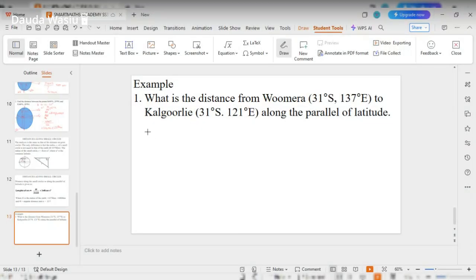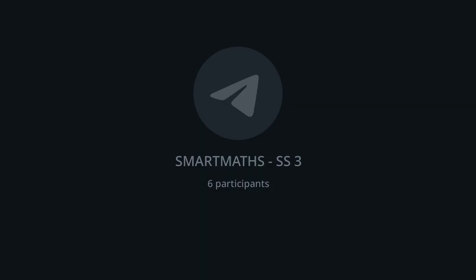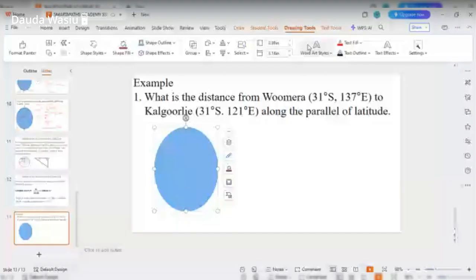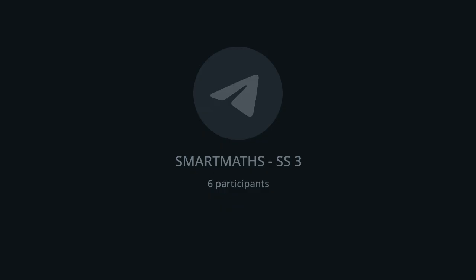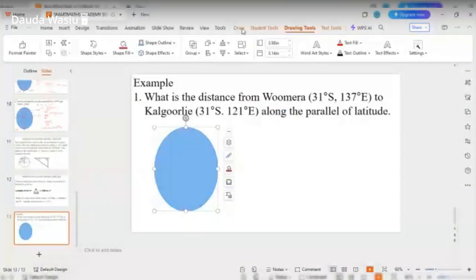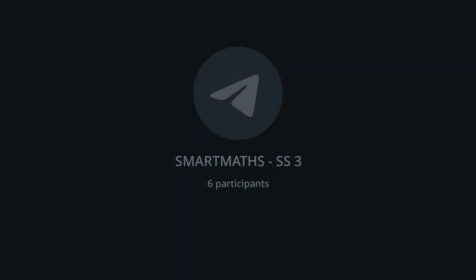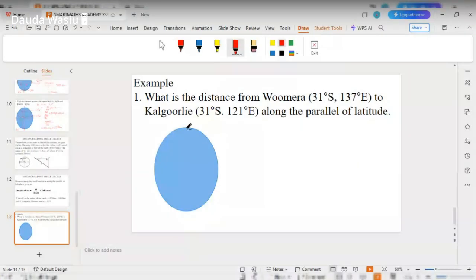Just like what we have been doing, how to locate the point and get the angular difference, then you look for the distance. So the next thing, you look for your text. You draw a downward line, that is the axis of the Earth, North Pole and South Pole.